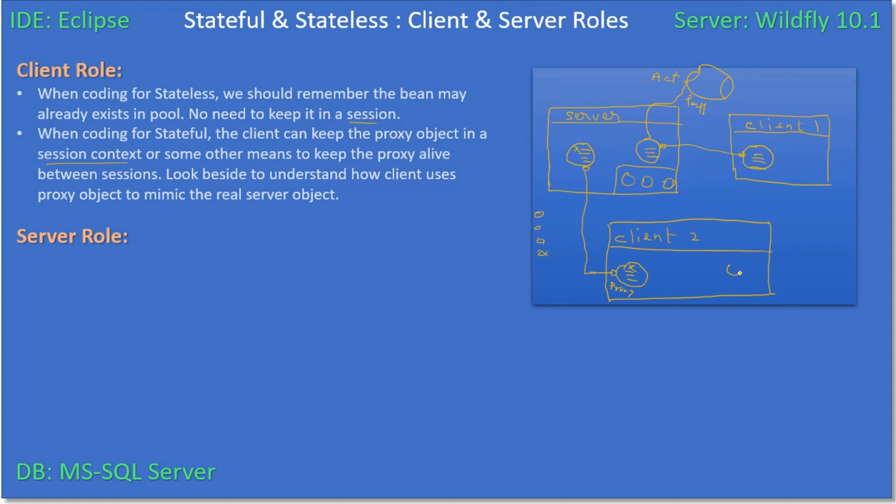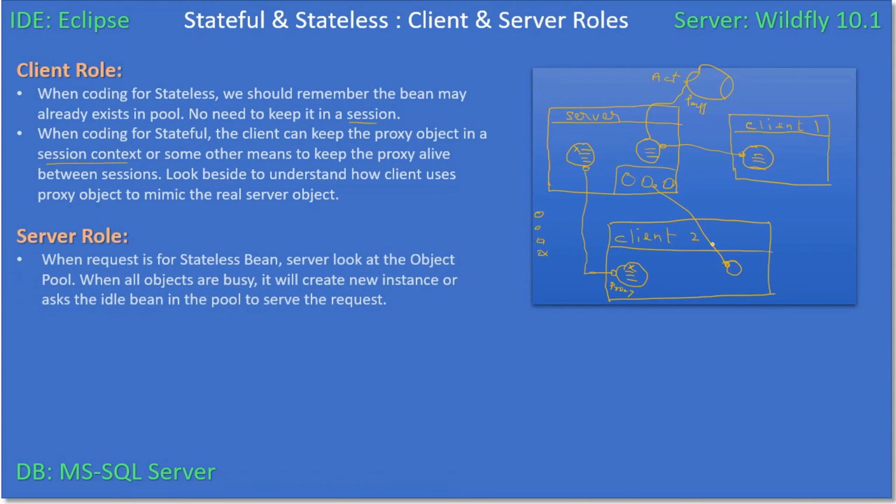So client 2 is using some stateless session bean object. So here also there is a proxy and skeleton, and proxy and real object, so that's valid.